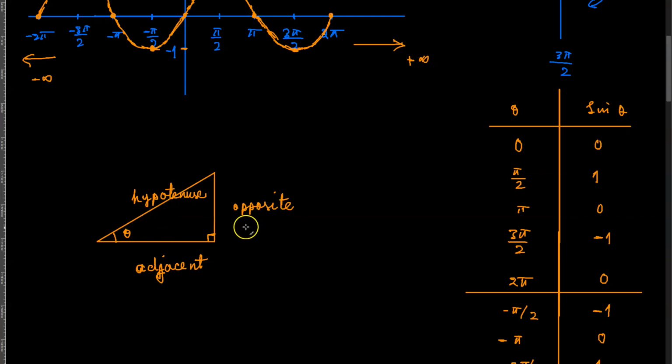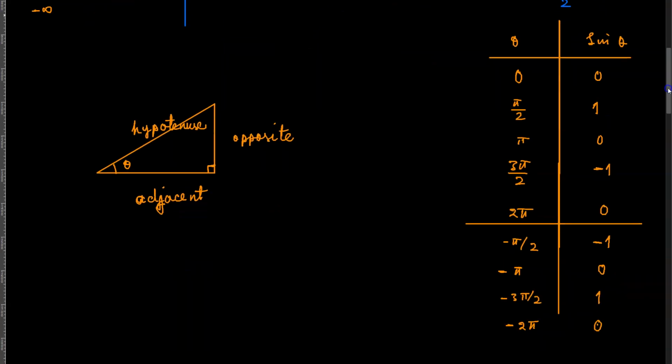Now if you take your theta here, then this side is going to become the opposite, and this side is going to be adjacent, because then theta would be the angle over here, right? So far we have no problems. Now in this triangle, there are a couple of things that have been defined, and these are just simple definitions.